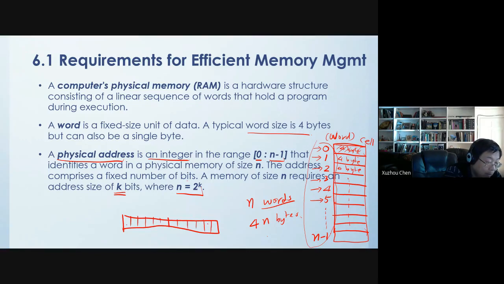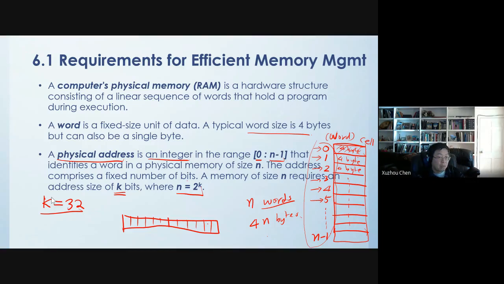For example, the memory address could use k equals 32, which is what most PCs traditionally use. That means it's a 32-bit address. Modern computers may use 64 bits.